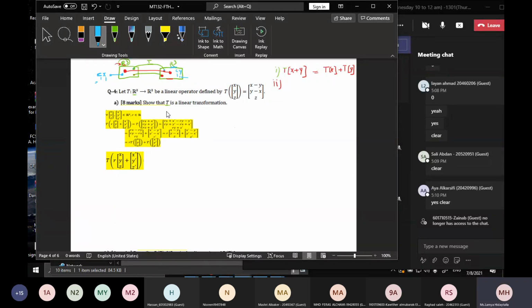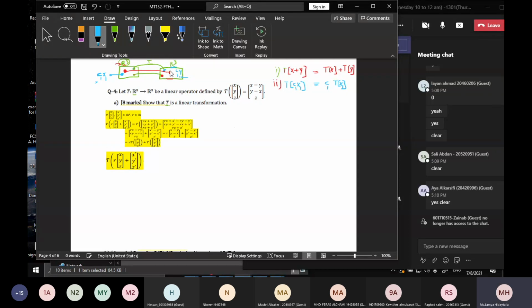Now, what is the statement of the theorem? The theorem is that the transformation of C1 times the vector X1 is the same as the transformation of X1, which is this one, and then multiplied by C1.